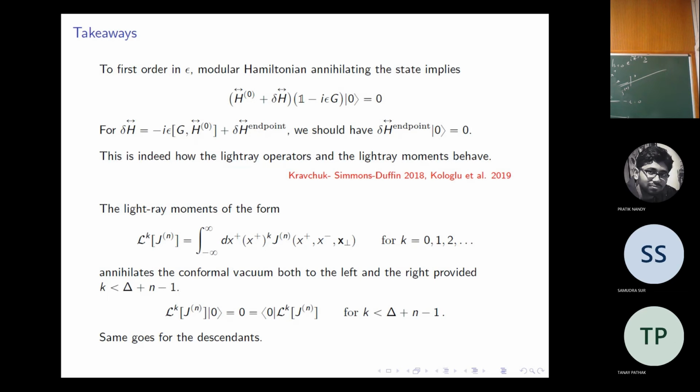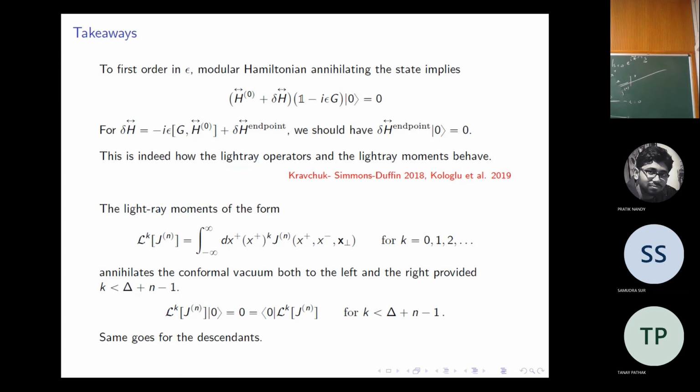And then there is a condition on k. You can expand it, let me just do it here. So that's how they show that the light ray operator LK... did I write LK? Yes. They only deal with the zeroth moment of the light ray moment, which is the integral dx plus of J. And then they take L0 in a string of other operators, so L0 with O1, O2, dot dot dot, or O1, O2, dot dot dot, L0.